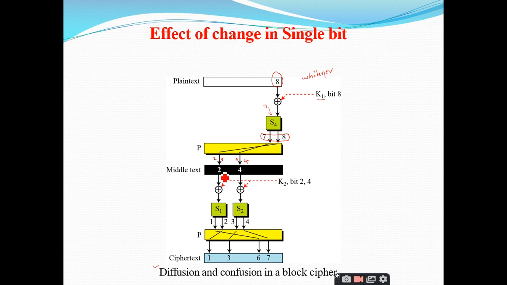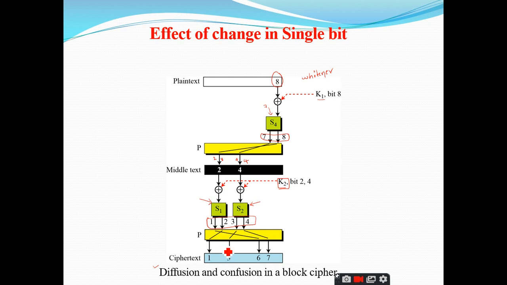The middle text bits 2 and 4 represent bits 7 and 8 of the actual plain text after making some substitution, right? Then 2 and 4 are again XORed with this key K2, and you can observe here that 2 has entered as the input for this S1 box and 4 has entered as input to this S2 box. So we have 4 inputs that are affected at this particular stage.